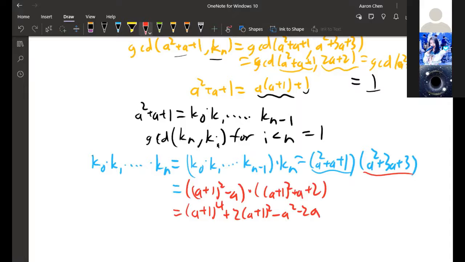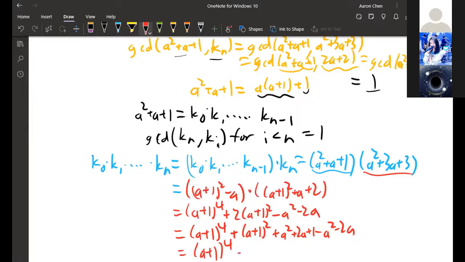And so after this, you can clearly just see that this is equal to a plus 1 to the 4th plus a plus 1 squared plus a squared plus 2a plus 1 minus a squared minus 2a, or a plus 1 to the 4th plus a plus 1 squared plus 1.